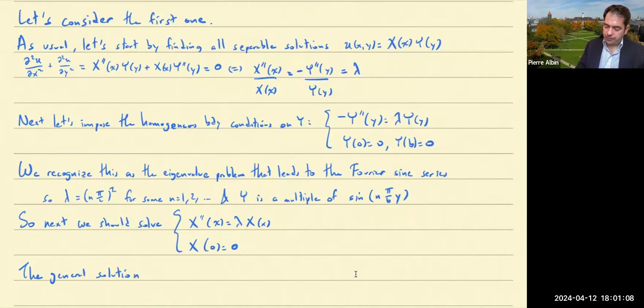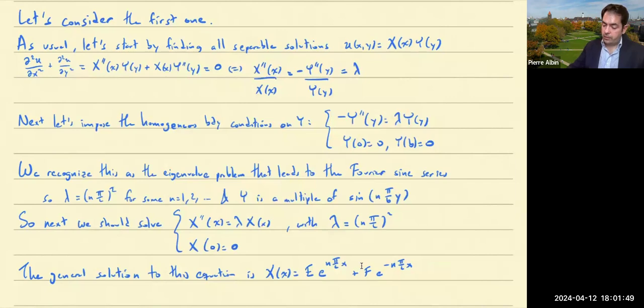The general solution to this equation is capital X is equal to some constant E times e to the n pi over L times x, with lambda equal to n pi over L squared, plus some constant F times e to the minus n pi over L times x.